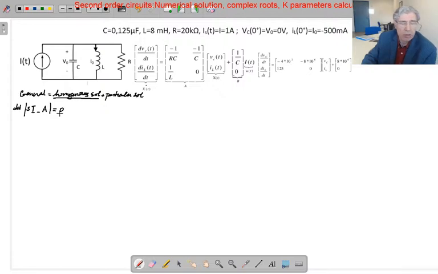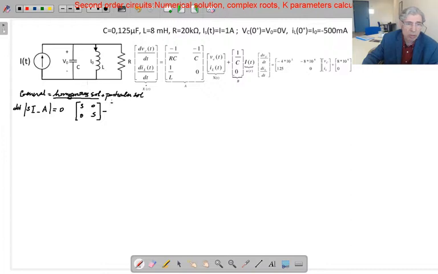This is going to give us the characteristic equation. So sI is a unit matrix multiplied with s. A unit matrix has ones only on the diagonal. Multiply it with s, you get this.